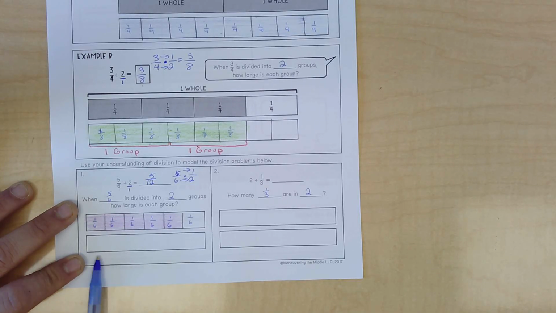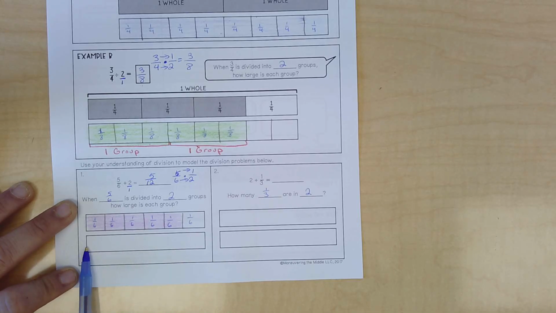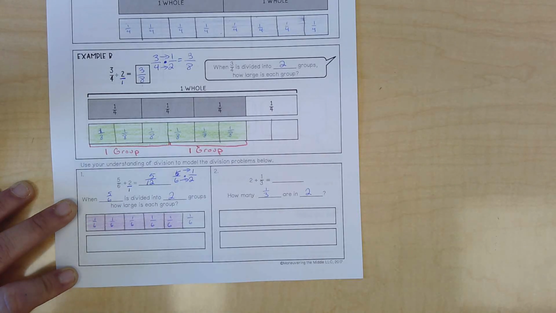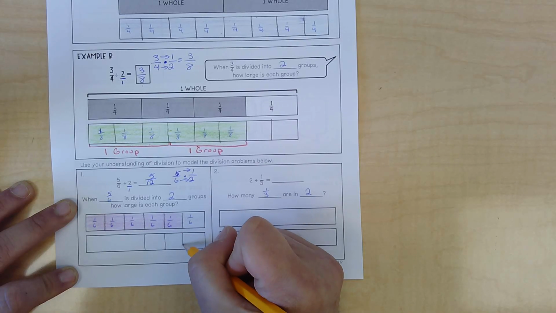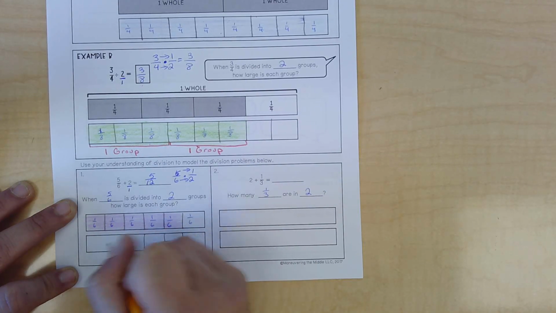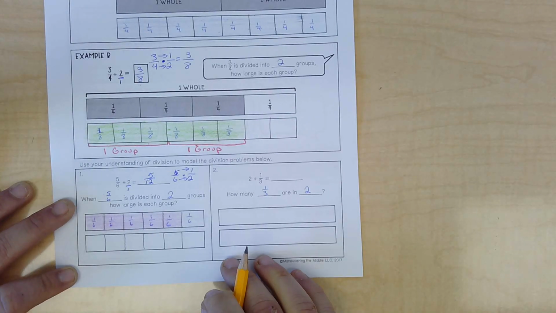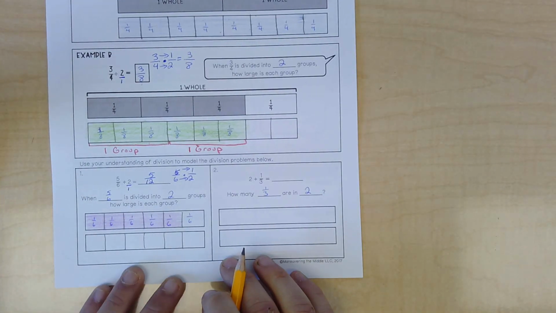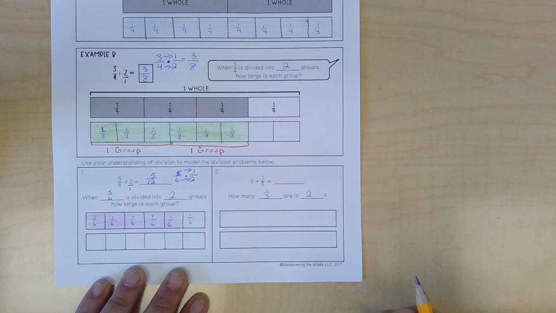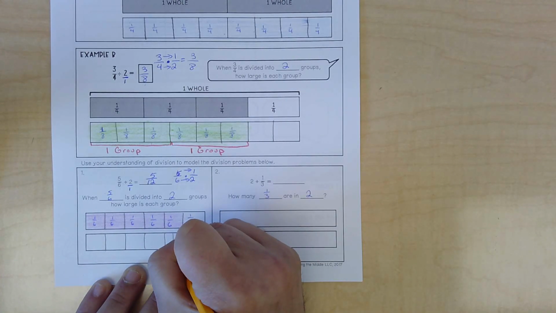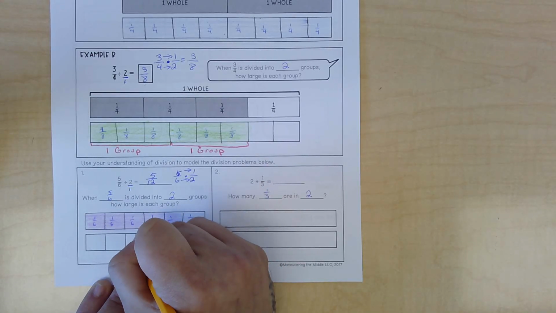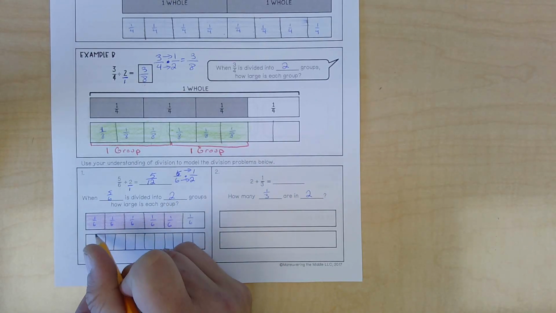So that tells me that my bottom bar should be partitioned into 12ths. Well, let's make it easy on ourselves. We're going to draw the same lines we drew for our sixths. And all we're going to do is partition each of those boxes in half to create our 6 times 2, which will give us our 12 boxes. So 1, 2, 3, 4, 5, and 6.